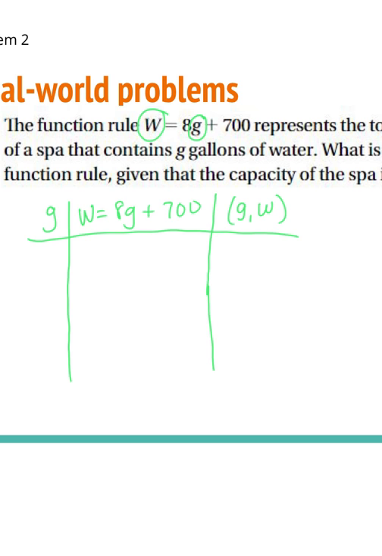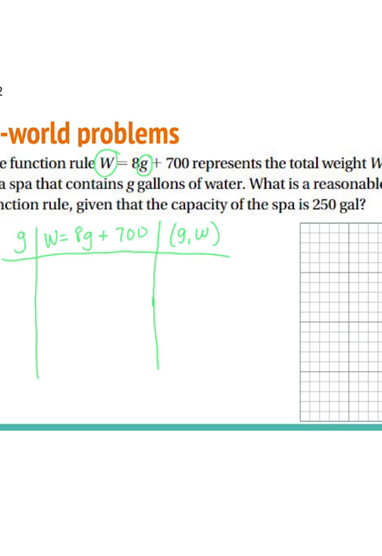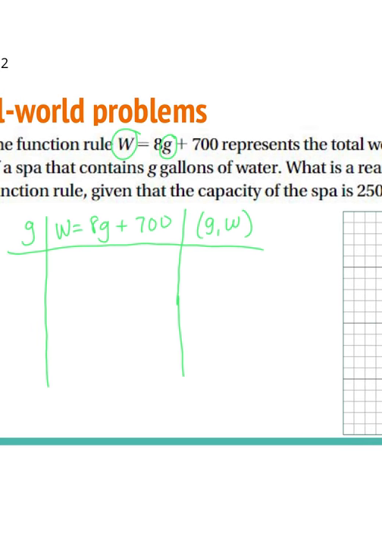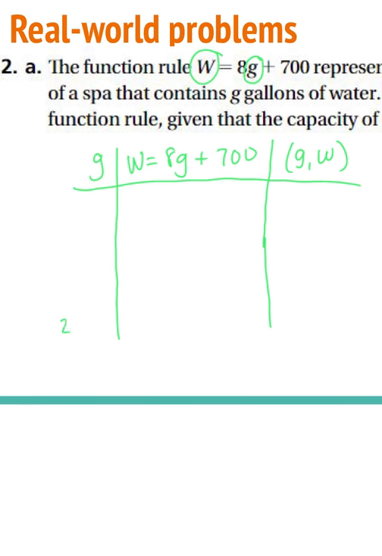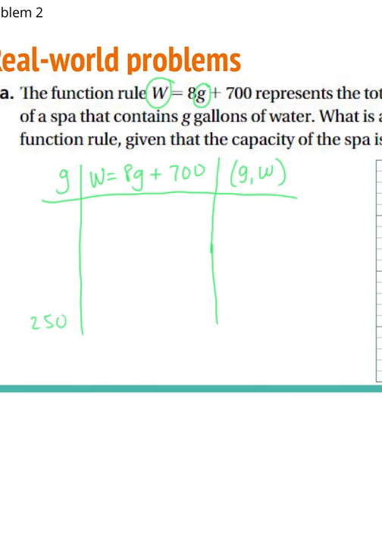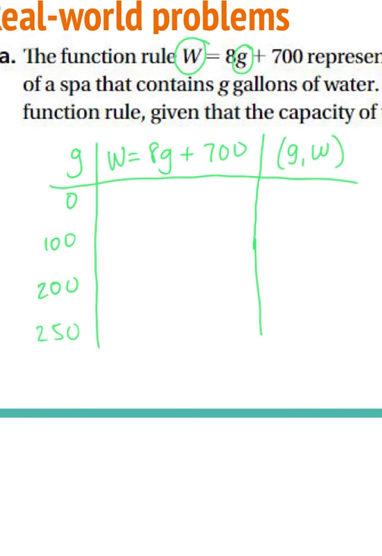All right, so it says that the capacity of the spa is 250 gallons. So we're not going to make G go over 250. So 250 will be our last value. And I recommend that we do G equals 0, 100, and 200, and then 250. Okay? So for these values, let's go ahead and plug them in.